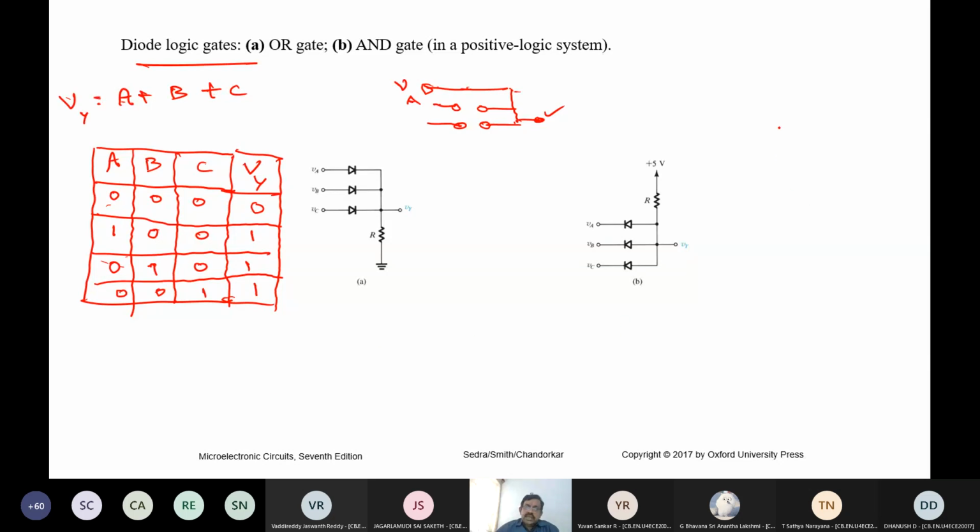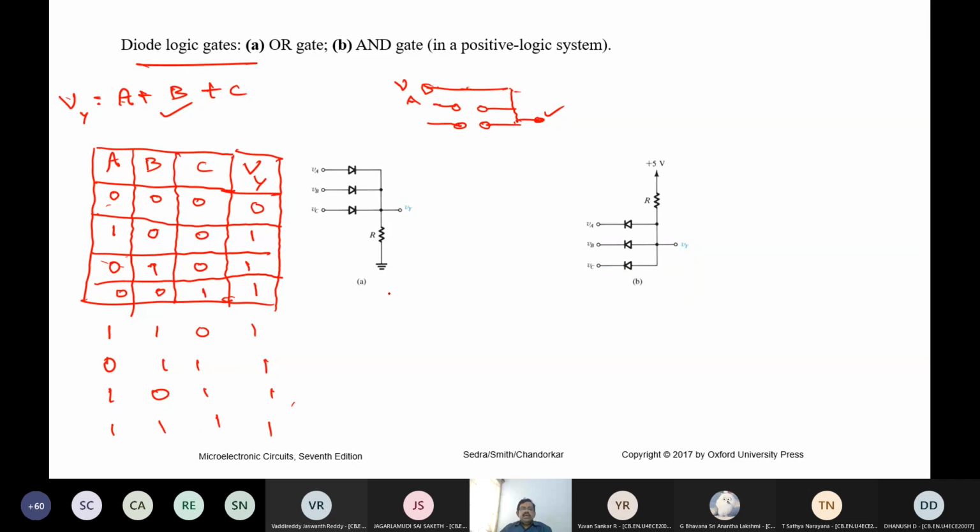I can get 2 diodes working, I will get this. This is also possible. Then I can get 1, 0, 1, this is also possible. If all the 3 are conducting, we will get this. So with any one diode conducting, we will be able to get output.